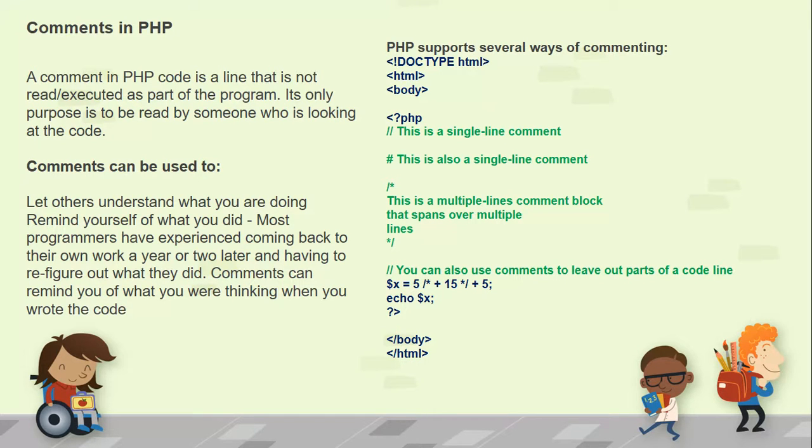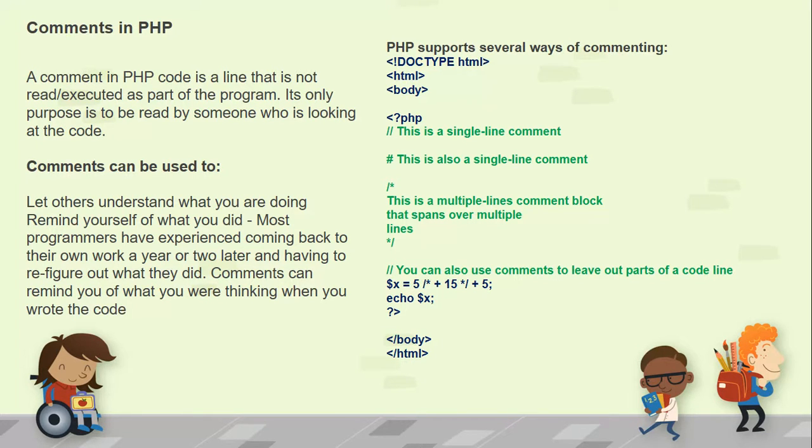But if you put some information just beside the code to let the reader know what this module means and why you have included it, it would not be difficult for them. So we put comments in a programming language to let the reader know what the code is all about, so others understand what you are doing.